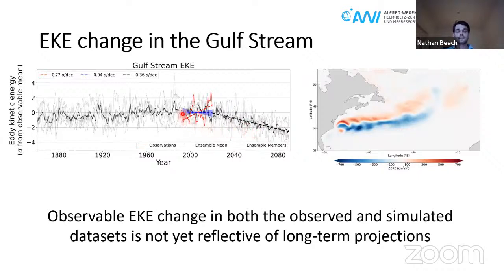But then if we just look at the model data during the observational period, so that's what this blue line is here, we can see that there's actually not a lot of change in the model data during the observational period, which is about 30 years. And so what that suggests is that even though we predict a decline in the future, we don't expect that it would be observable yet. So it could still happen.